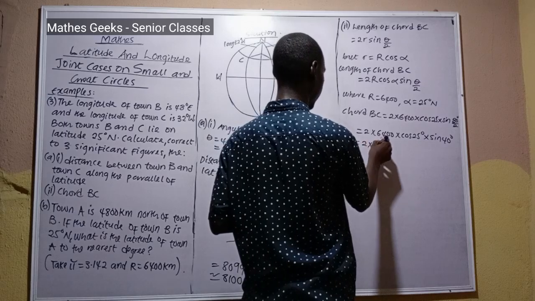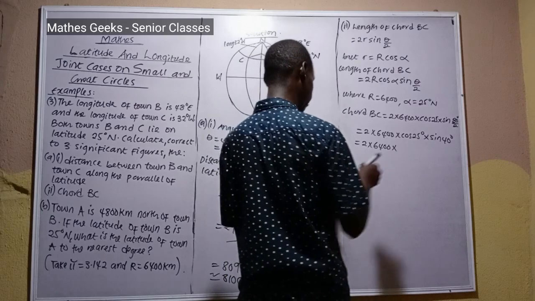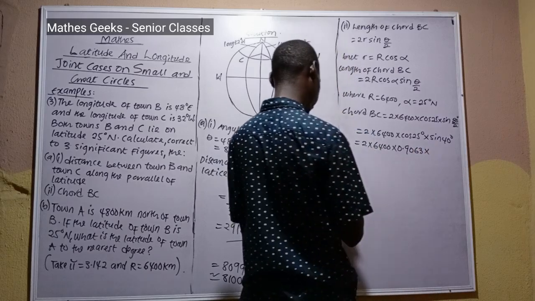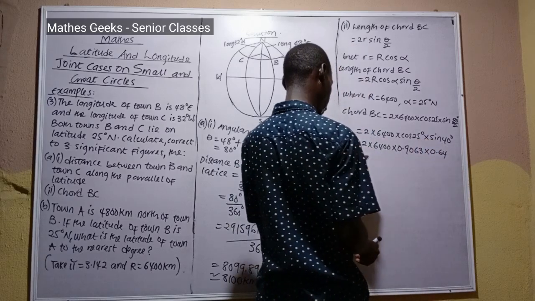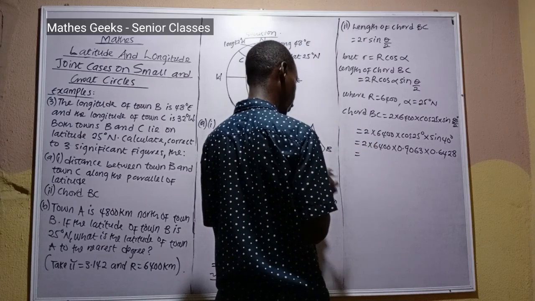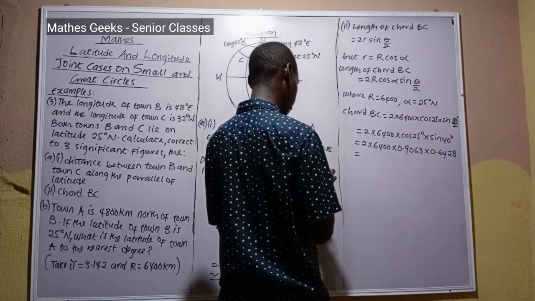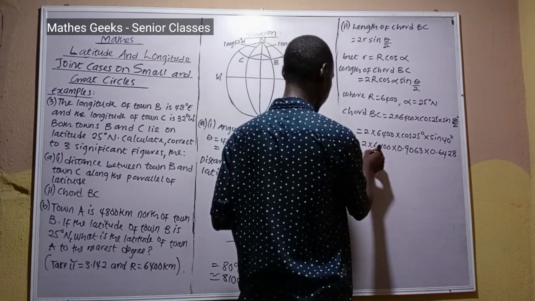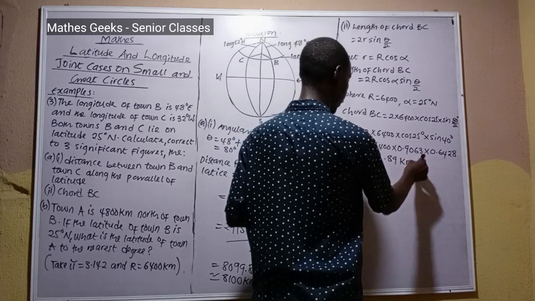Cos 25 is 0.9063 and sine 40 is 0.6428. So 2 times 6,400 times 0.9063 times 0.6428 gives 7,456.89 kilometers.